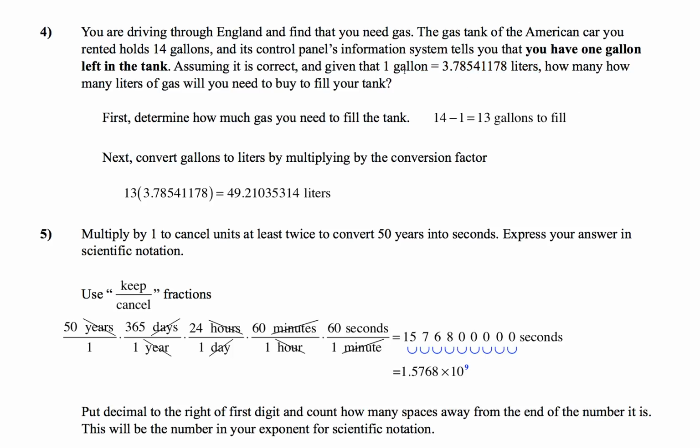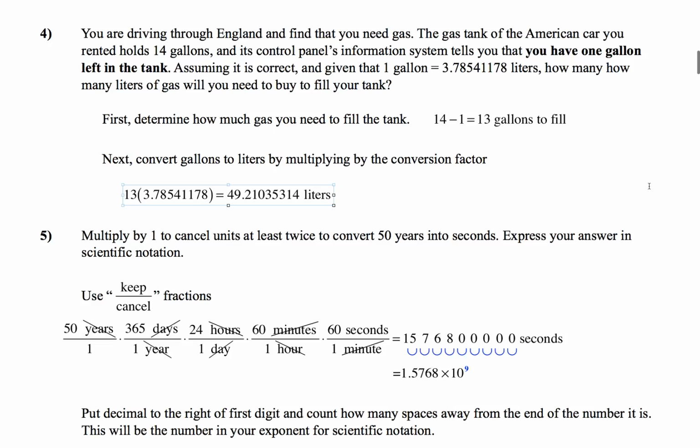So if 1 equals 3.785, then we can multiply the 1 times 13 and the 3.785 times 13, and that'll give us how many liters we're going to need to purchase, and that's this calculation right there. 13 times 3.7854178 is going to be equal to 49.210353114.